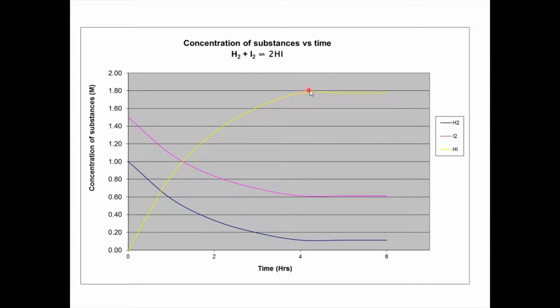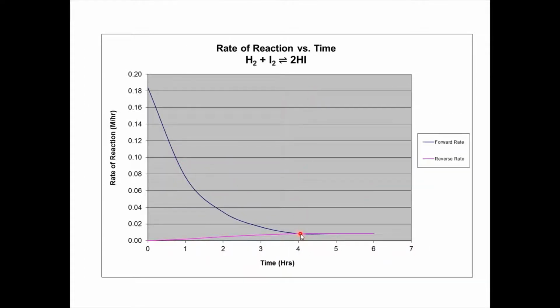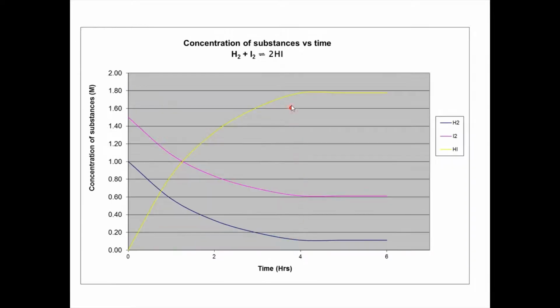And when we hit 4 hours and equilibrium is struck, you'll recall that after 4 hours, our rate of the forward and backward reactions were equal to each other. Then after 4 hours, the concentrations of each substance now flattened out, and they don't change. Okay, and that's when you hit equilibrium.